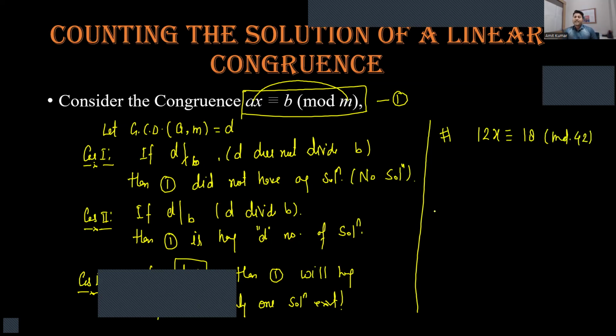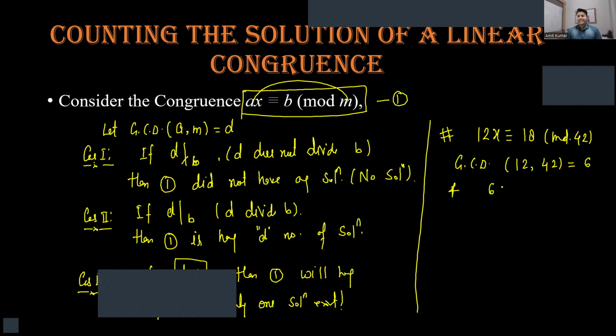Before finding the solution, first we try to find the number of solutions it has. So we are interested in the GCD of 12 and 42. The GCD of 12 and 42 is 6.